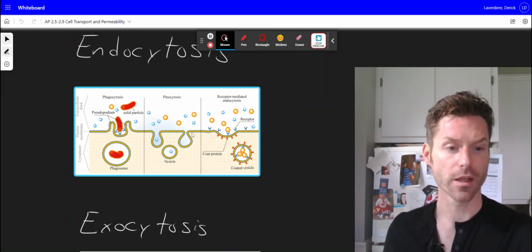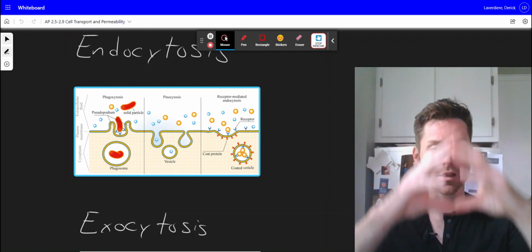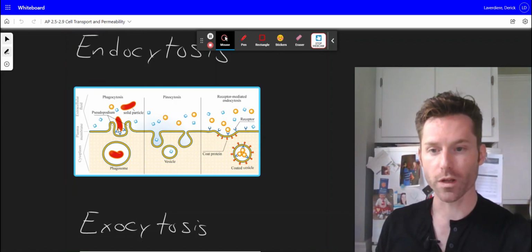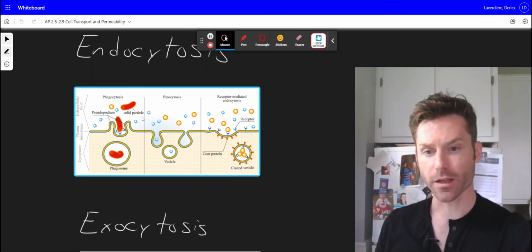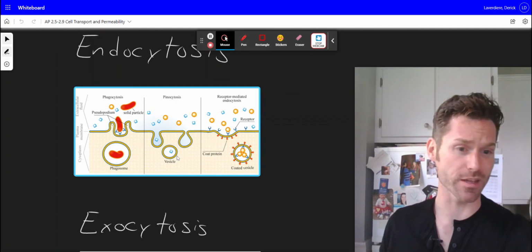So endocytosis wraps an outside substance in a membrane and then brings it in. When you wrap up that substance in that membrane, you're creating a vesicle. And so endocytosis will create these vesicles inside of the cell full of whatever they sucked in.